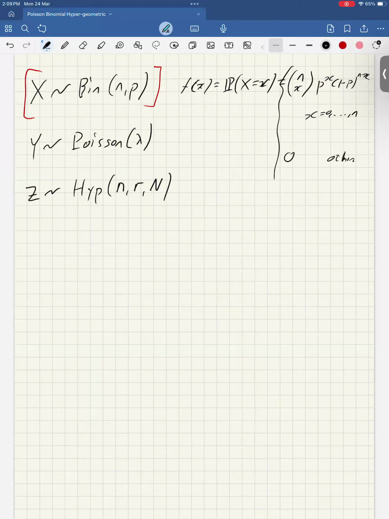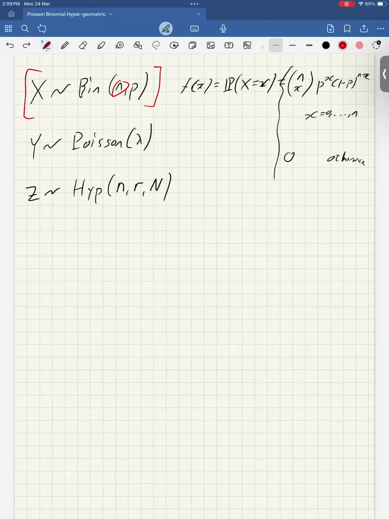This binomial distribution counts the number of successes in n independent Bernoulli trials, each with success probability p. That's what you get with your random variable X.